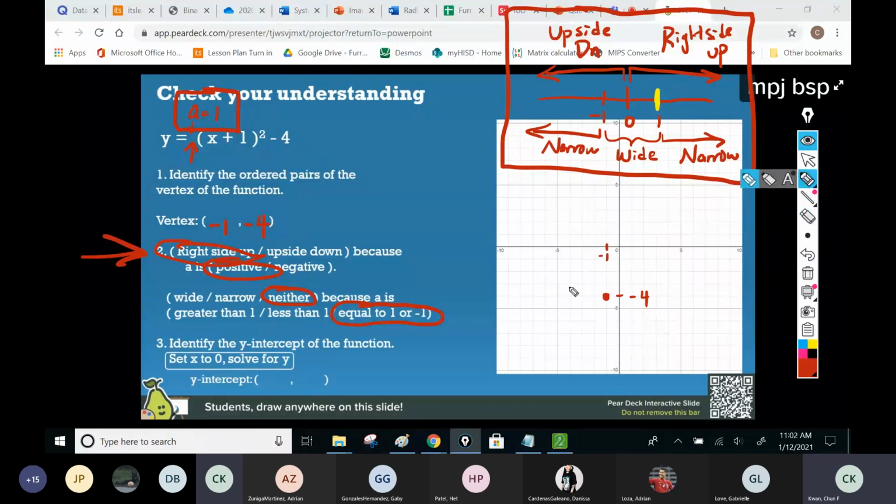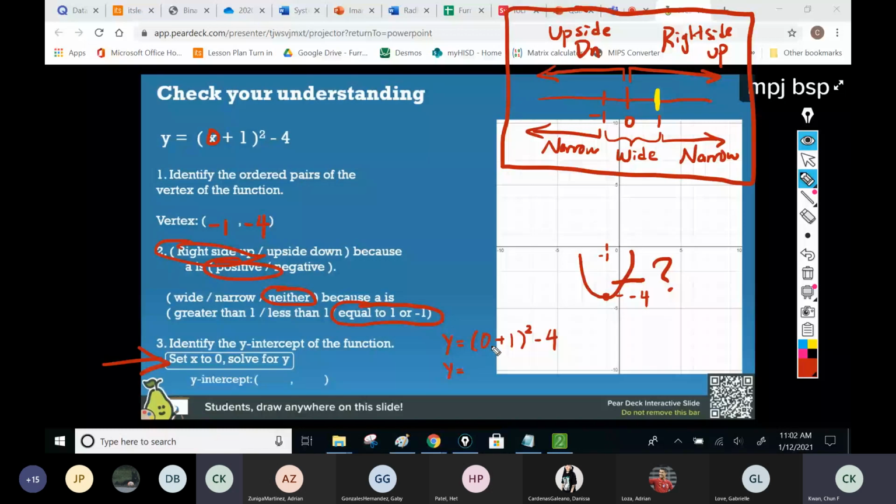So let's find out where the y-intercept is. You have to set x to 0, and then solve for y.